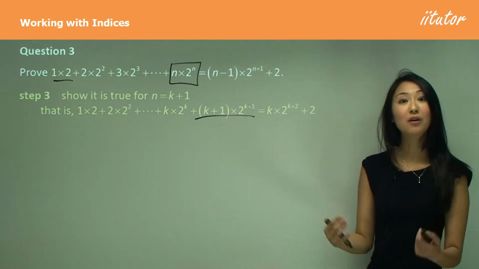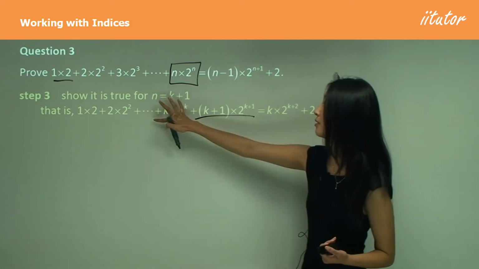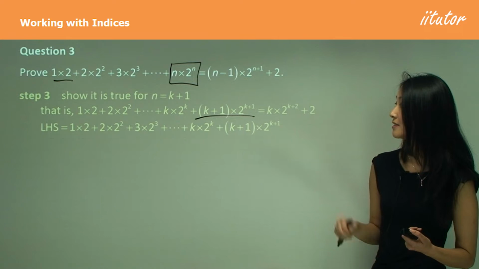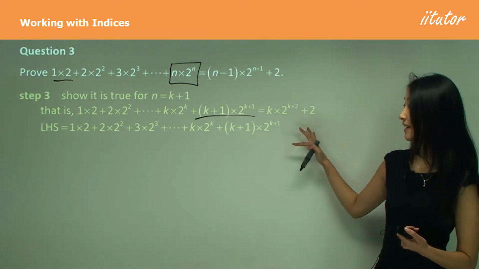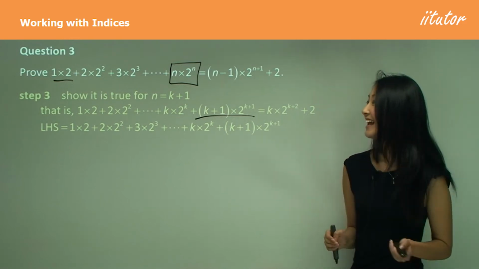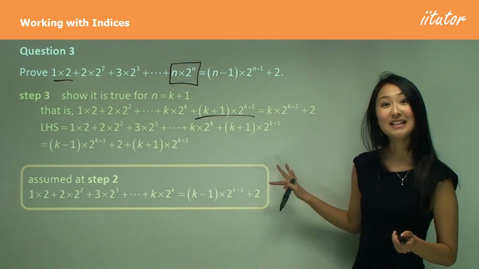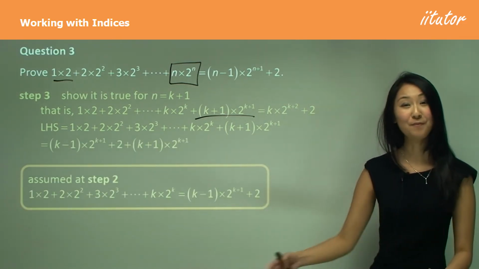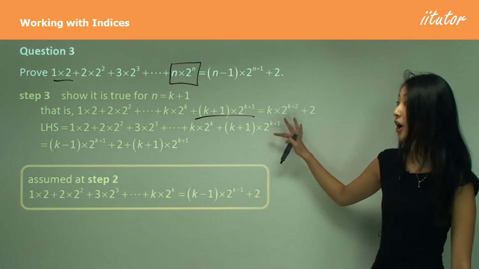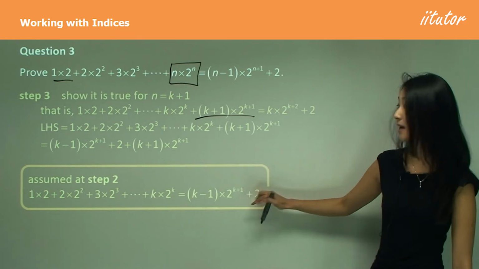And remember, what we're trying to do is show left-hand side equals the right-hand side. So keeping that in mind, we start with the left-hand side, which equals this. And the step we do now, good, is we need to use the assumption that we made in step 2 and substitute it in. So let's identify which part of this left-hand side looks like the assumption.